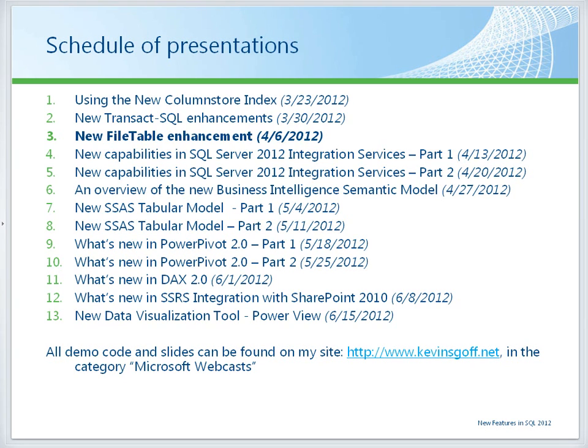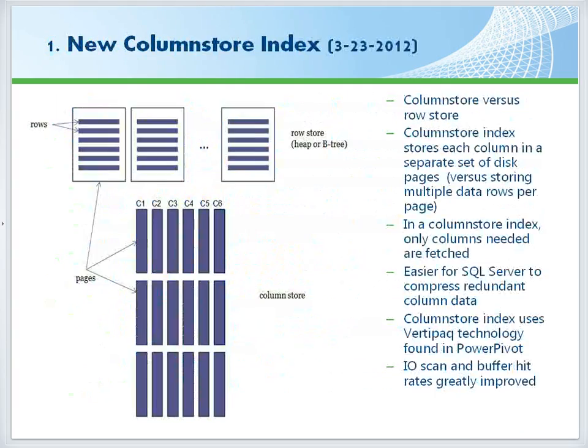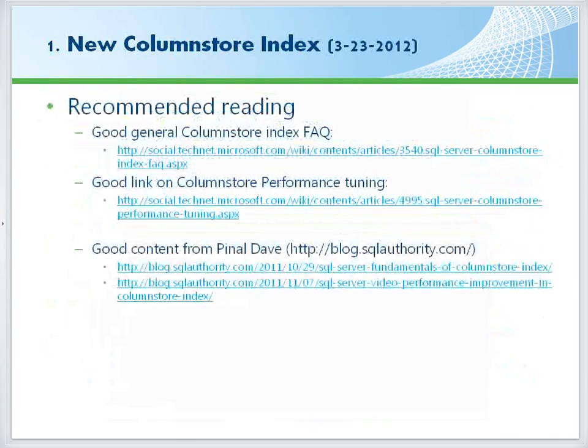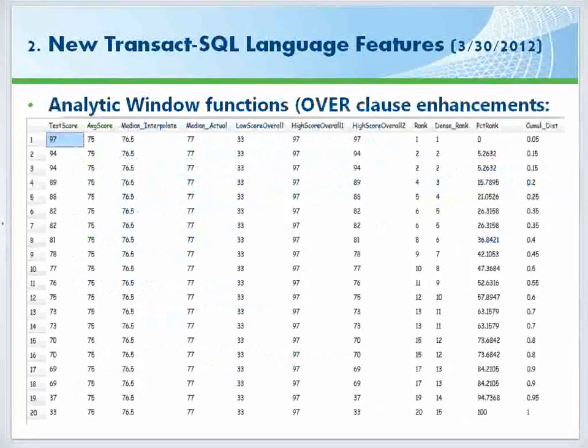You can just pick the most recent download, and that has all of the content from the prior weeks. So this week we're going to take a look at the new FileTable enhancement in SQL Server 2012. I'm going to jump forward a little bit through the first set of slides and get to part 3 here.